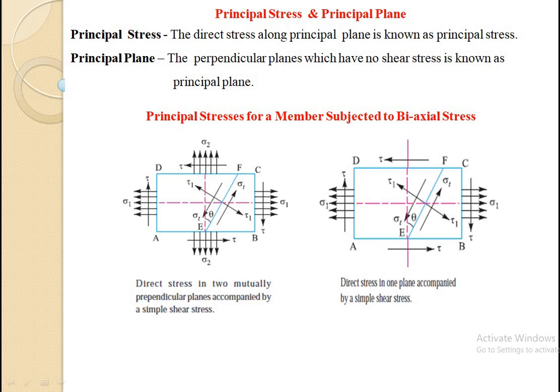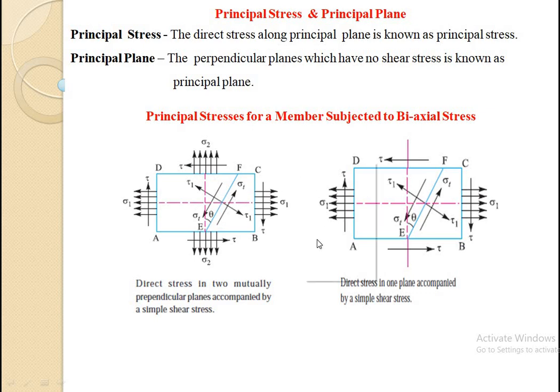Now consider the element which is subjected to the biaxial stress system, that is direct stress in two mutually perpendicular planes accompanied by a simple shear stress. This is the biaxial stress system.